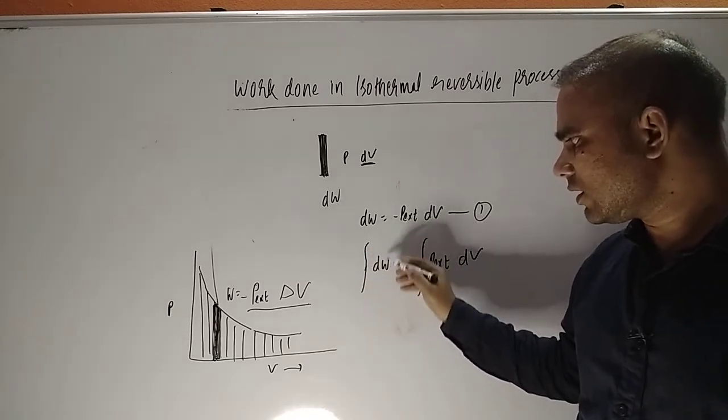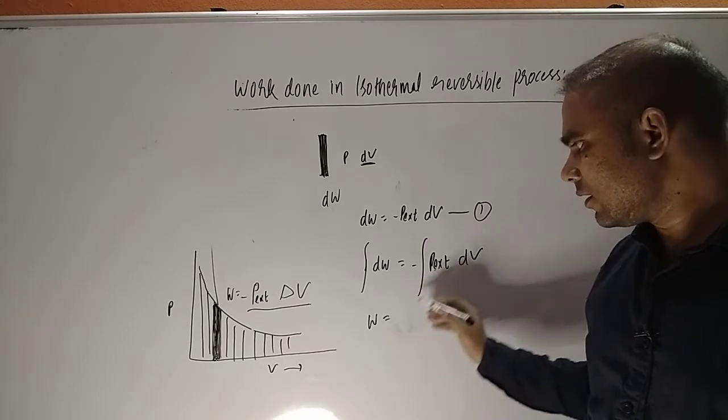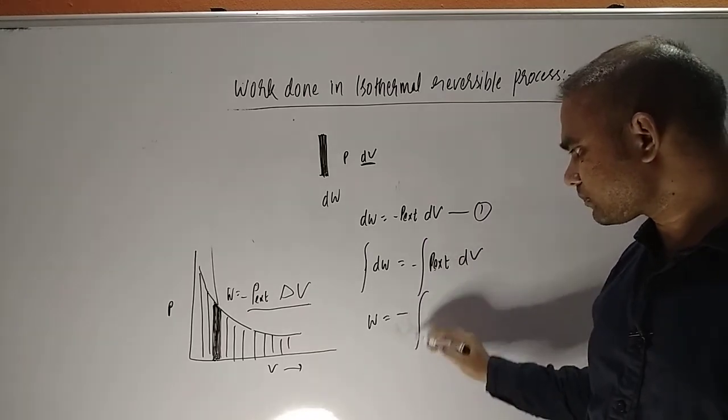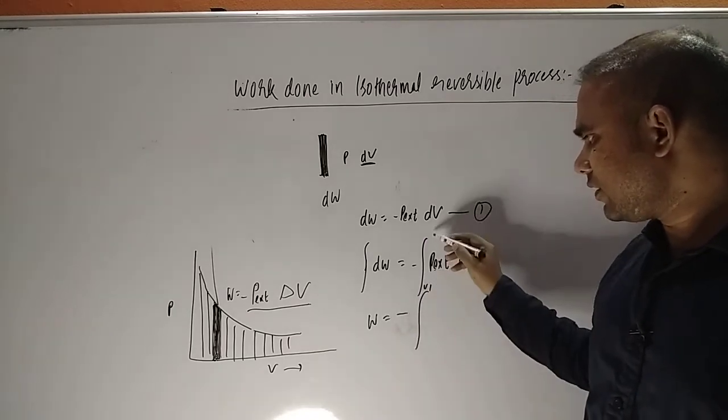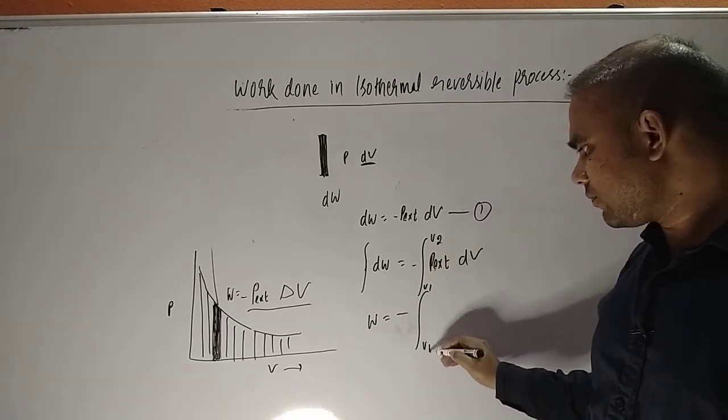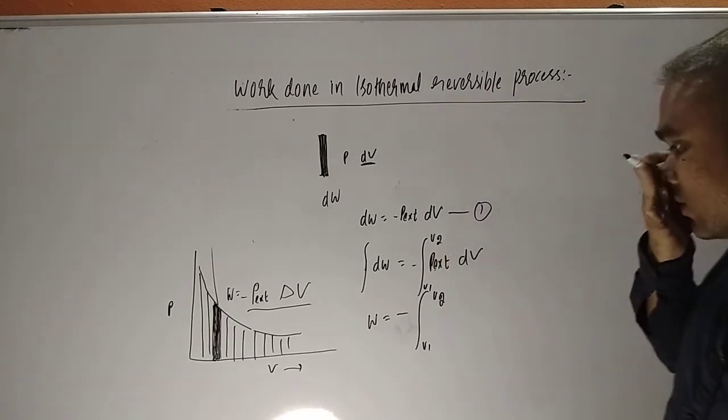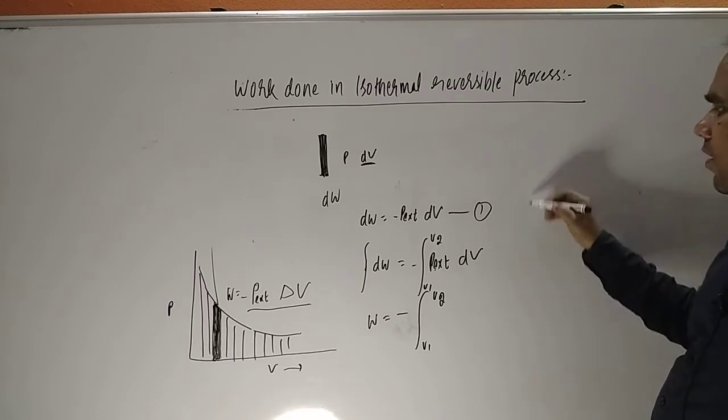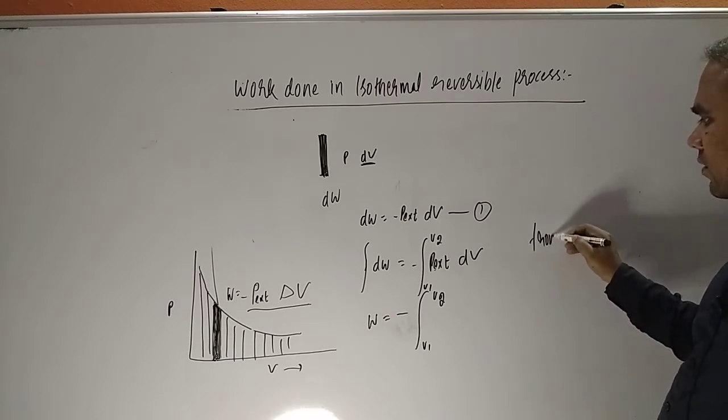The integration of dW is W only. So here we can write minus, with limits V1 to V2.